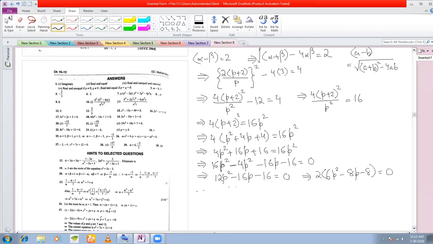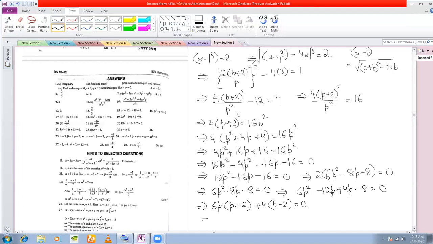So 6p square minus 12p plus 4p minus 4 equal to 0. 6p into (p minus 2) plus 4 into (p minus 2) equal to 0.